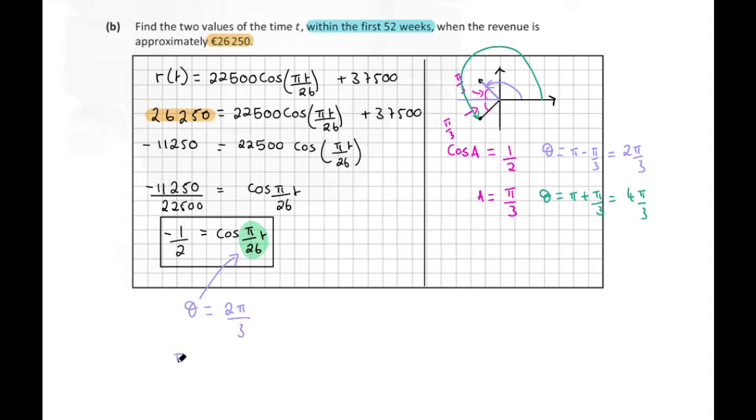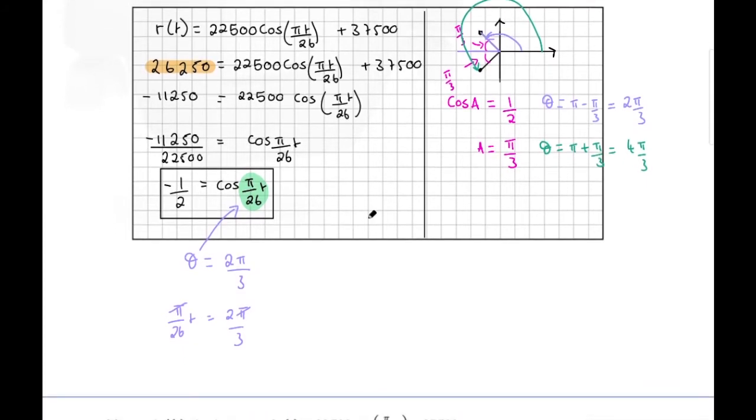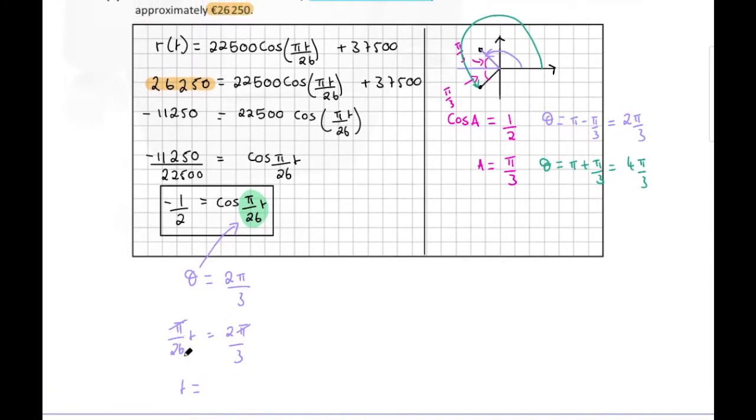So it's actually pi over 26 t is equal to 2 pi over 3. And then what we need to do is divide both sides by pi, and we're left with 1 over 26 t is equal to 2/3. So in this scenario, we multiply up by 26 on both sides, and we're going to have 52 over 3 for this one. So 52 over 3 weeks is one of the times that it's going to equal that.